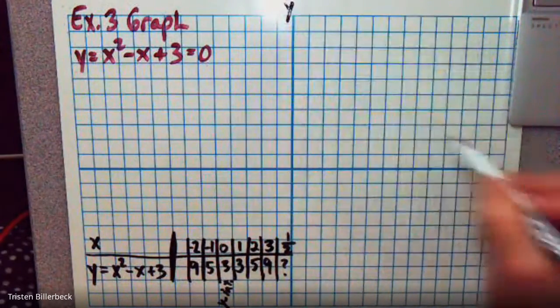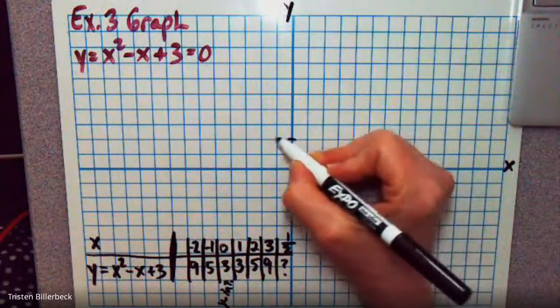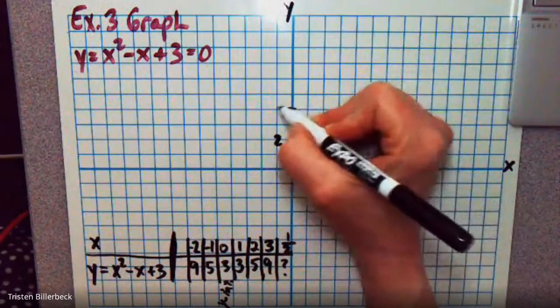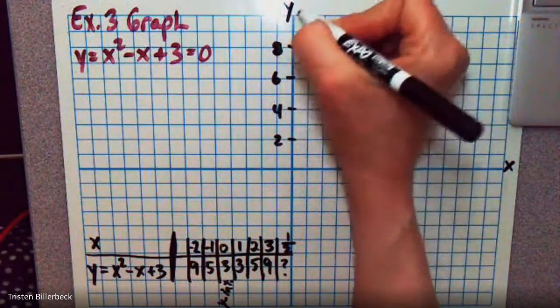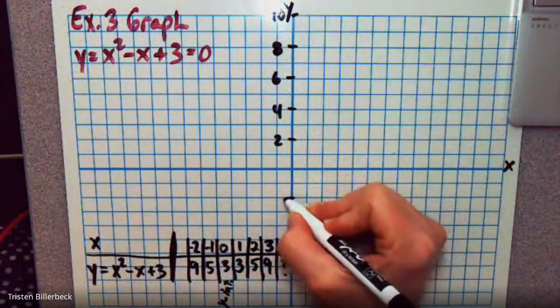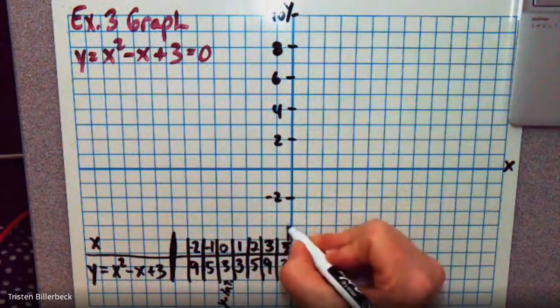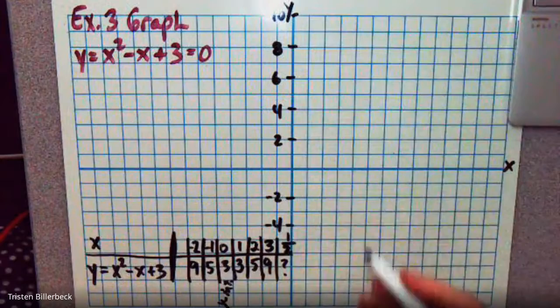Okay, so we have y and we have x. So let's start graphing. So we have 2, 4, 6, 8, and 10. And this time we can put this on this side because our symmetry is going to be on 1/2.